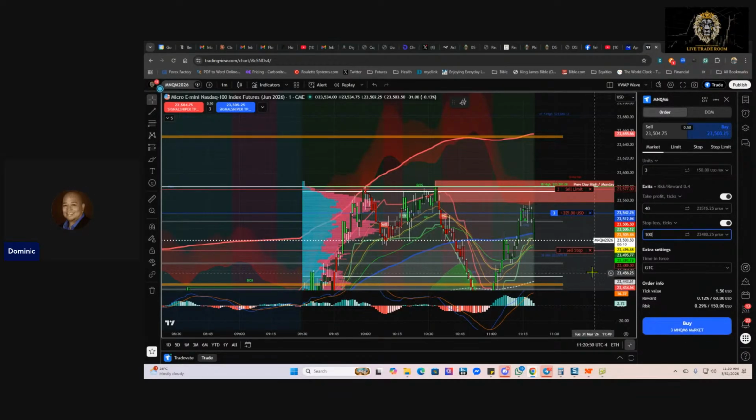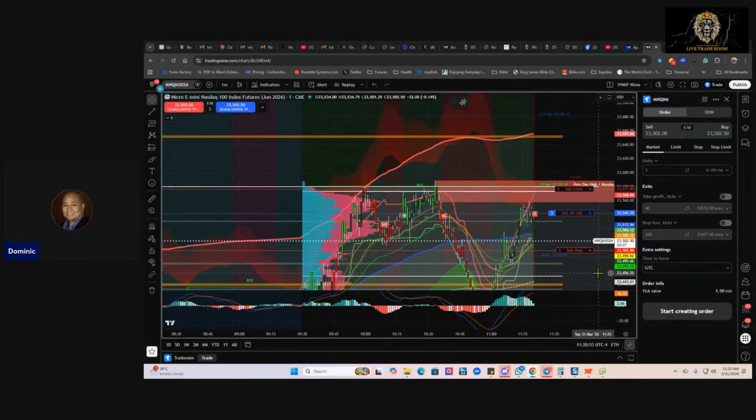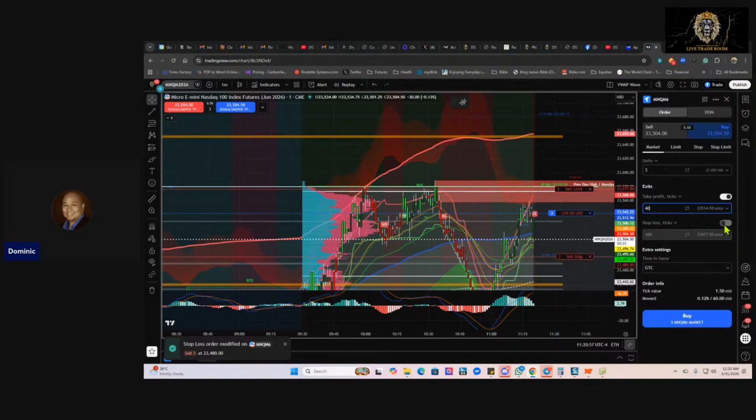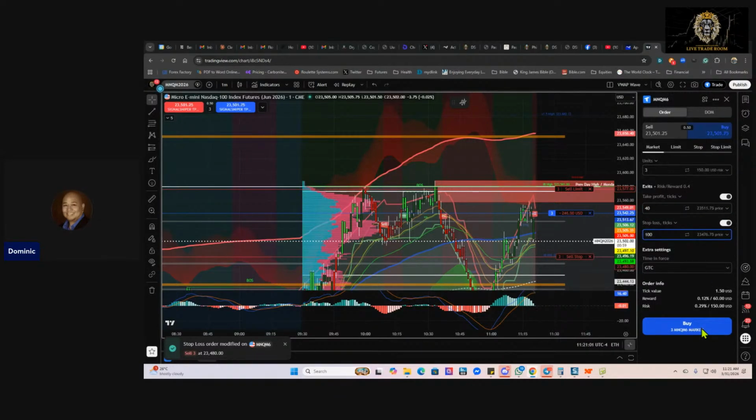Oh, see, that's why you want to get that. There's your sell, but it's probably going to bounce off here. This is more than expected. Let's see if it does bounce off.